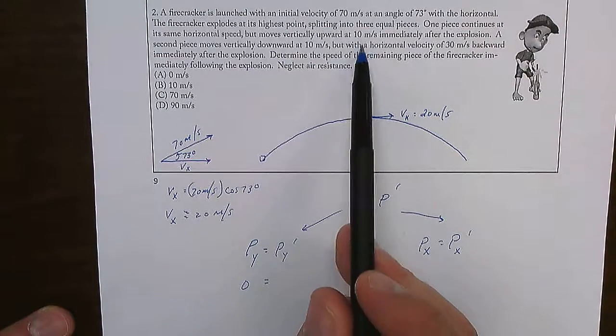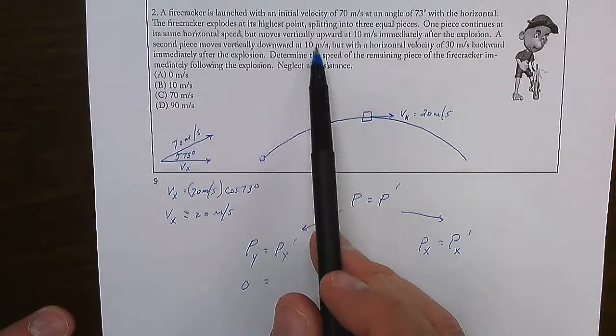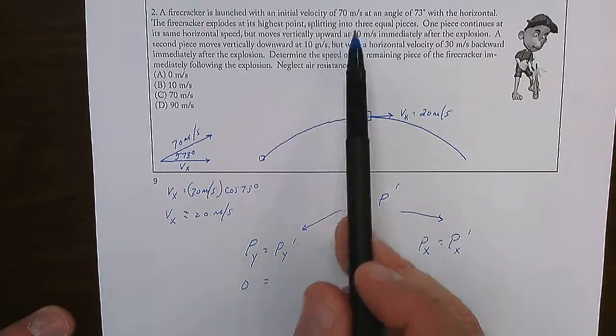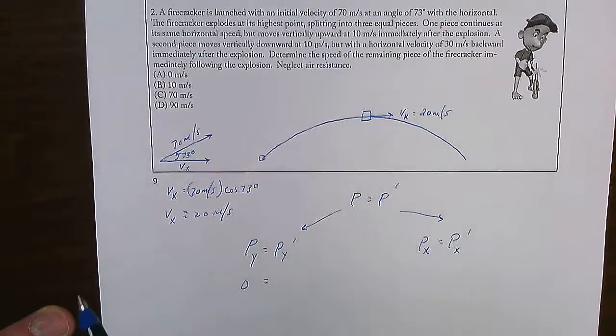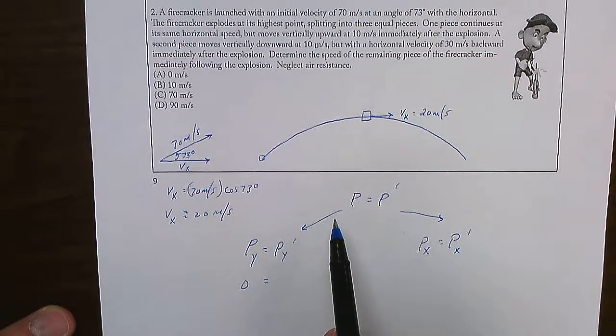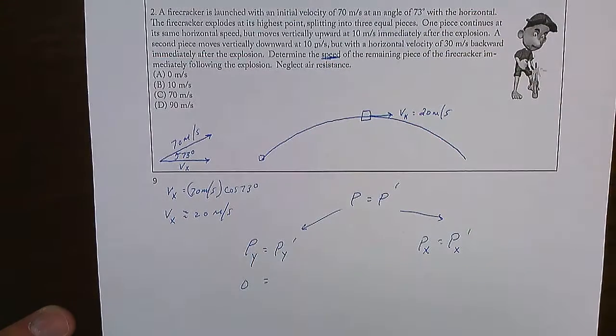And since we have one object moving upwards with a speed of 10 and the other one moving downward with a speed of 10 after the explosion, those two things already cancel each other out to give us a momentum equal to 0. Which means the y momentum of the third object has to be 0, which means its only motion is in the x, right? And that's what we need to find then, is the x speed of that third object.